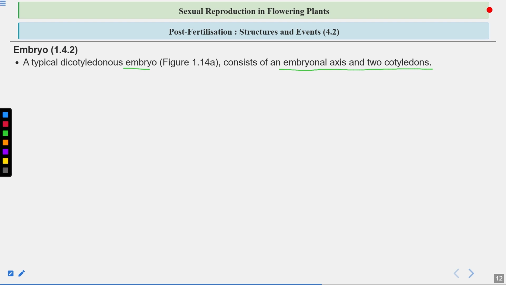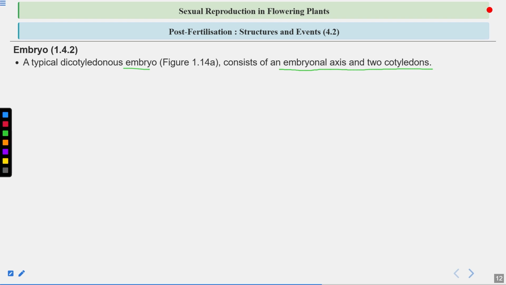The shape comes for the globular, the shape comes for the heart shape, and the shape comes for the mature embryo. These stages have a proper shape, and that's why you give a particular name to them. But before that, there is one stage in which the shape is not very well defined, and that is why that stage is called the proembryo.